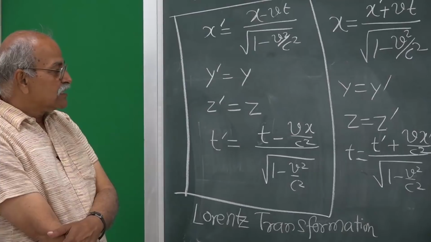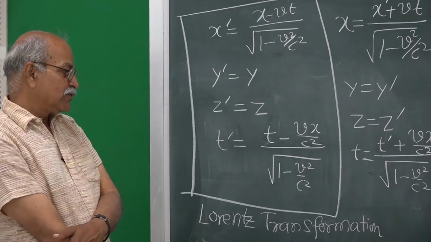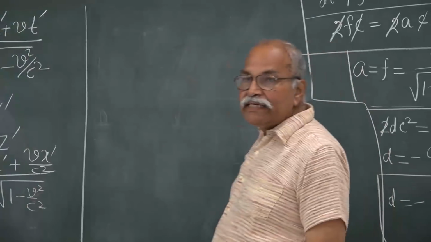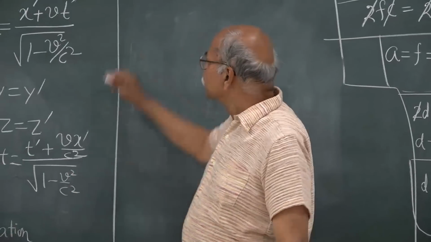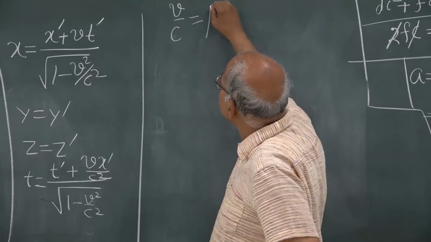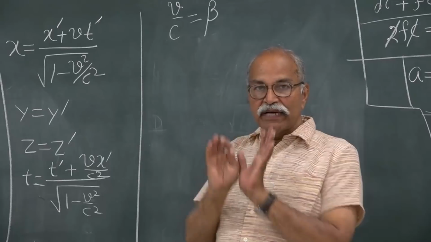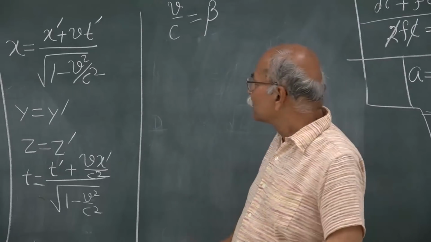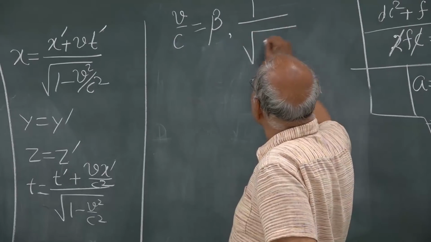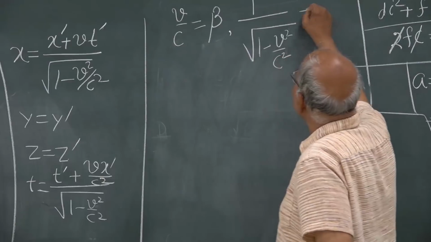Now, there are some symbols frequently used. Two symbols I will introduce and will also use often. One is v by c, which is written as beta. And 1 by square root of 1 minus v square by c square is written as gamma.